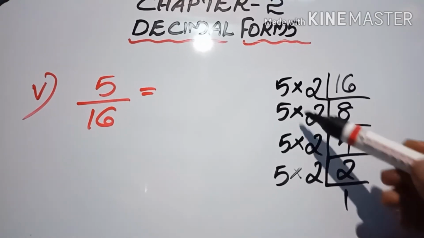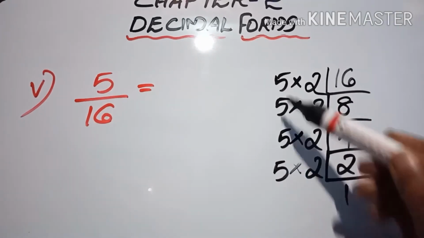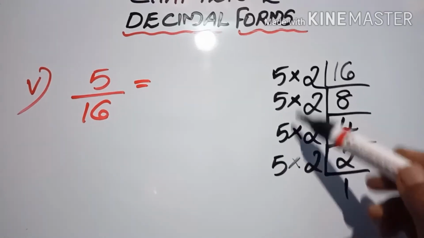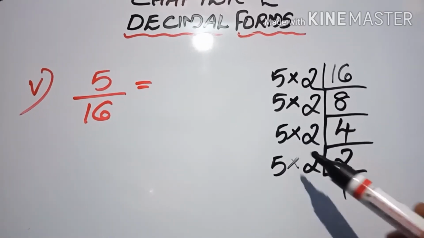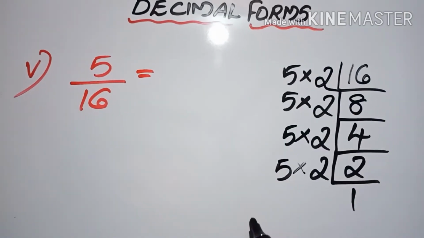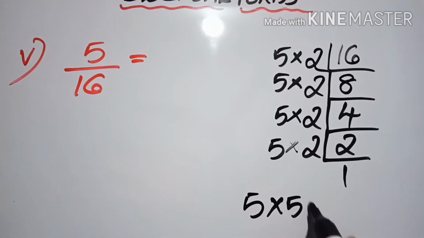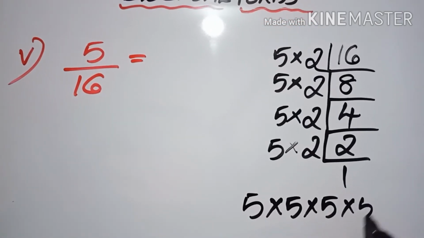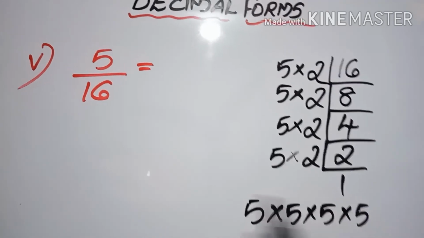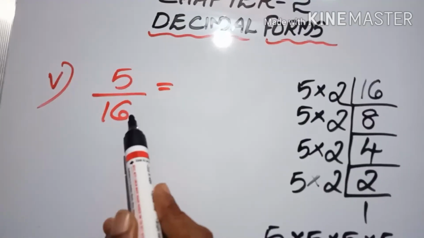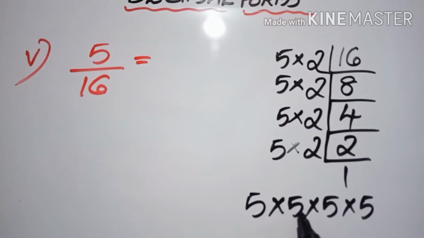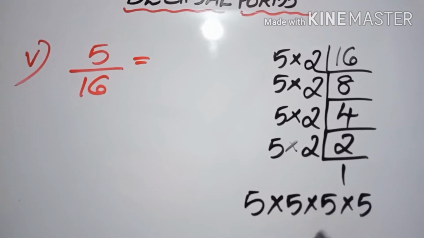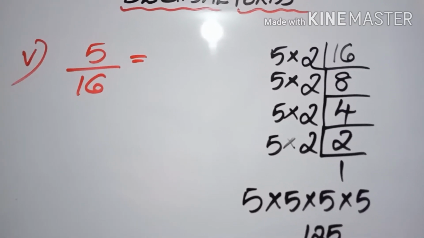That means we add 1, 2, 3, 4, 4 5s we multiply here in order to get the pair as 10. So we need to multiply 5 into 5 into 5 into 5. These 4 5s we need to give here. So here 5 into 5, 25. 25 into 5, 125.